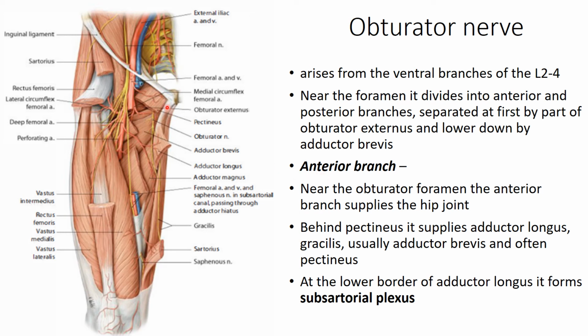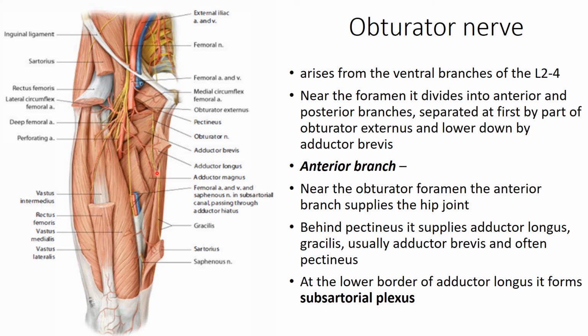Then behind the pectineus, it supplies adductor longus, gracilis, and usually adductor brevis, and also it supplies the pectineus, and at the lower border of the adductor longus, it forms a plexus which is known as subsartorial plexus.